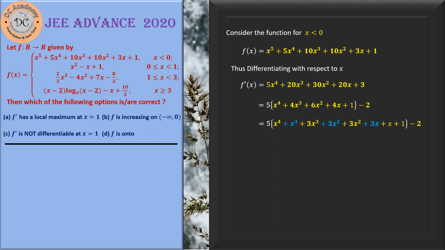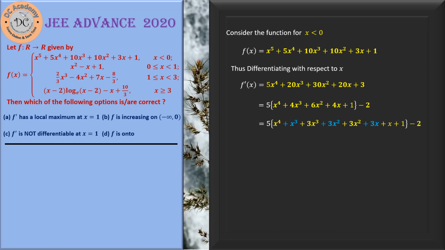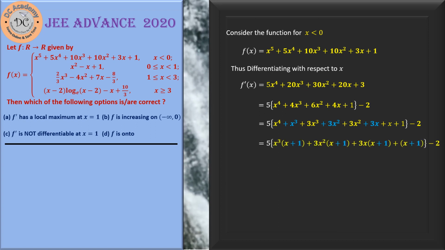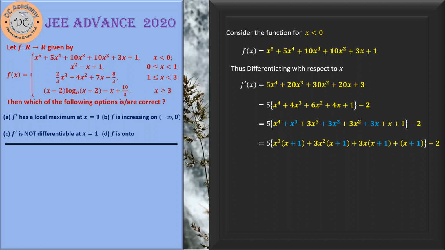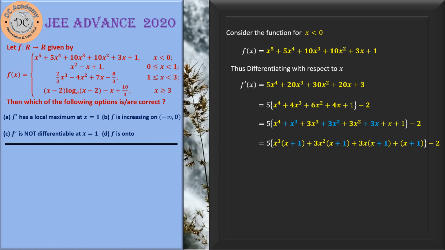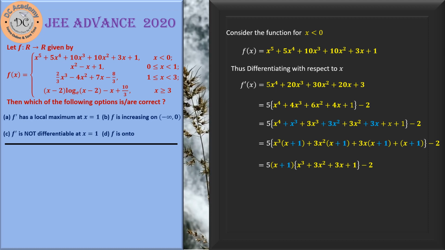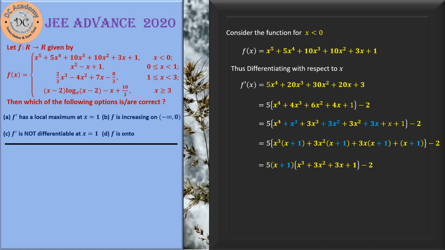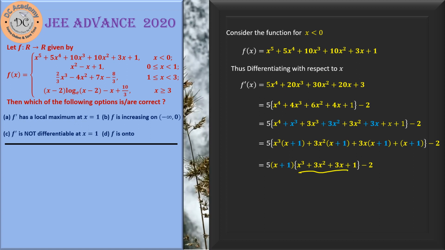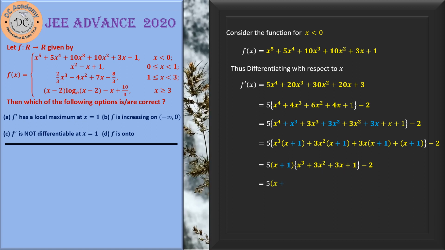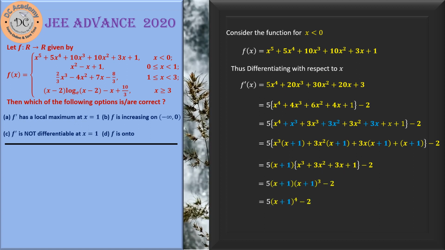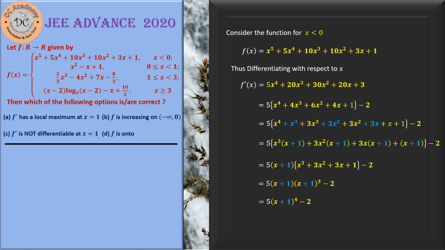So we rewrite the decomposition of the function and take x cubed common from the first few terms. Then we get 5 into x plus 1 into x cubed plus 3x squared plus 3x plus 1. The term inside the bracket will be x plus 1 whole cubed. And therefore, it will be 5 into x plus 1 whole to the power 4 minus 2.